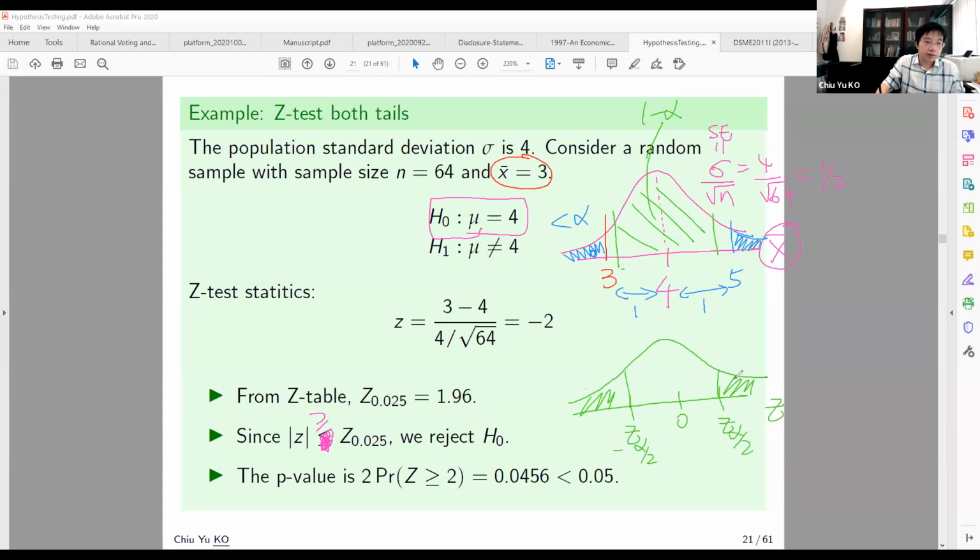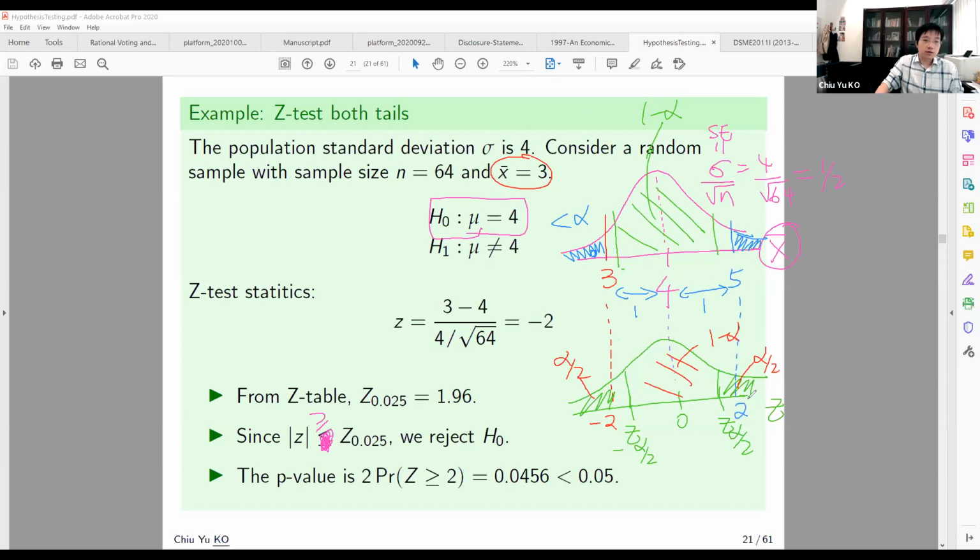Why? Because this is alpha over 2, and this is alpha over 2, and the middle will be 1 minus alpha, okay? So you convert this 4 into 0, and 3 into -2, and 5 will be +2 here.